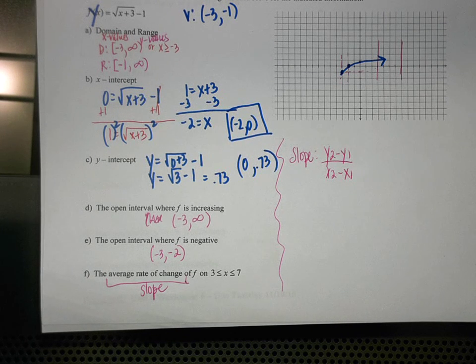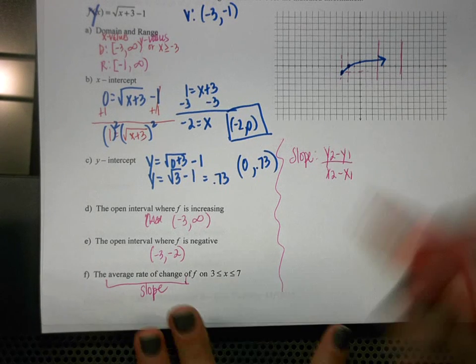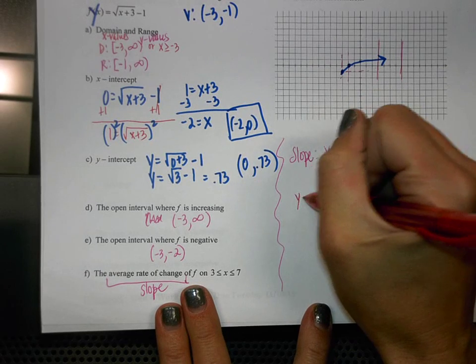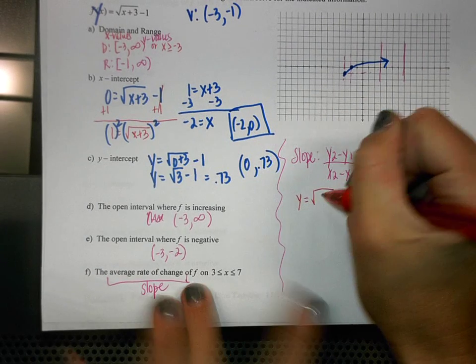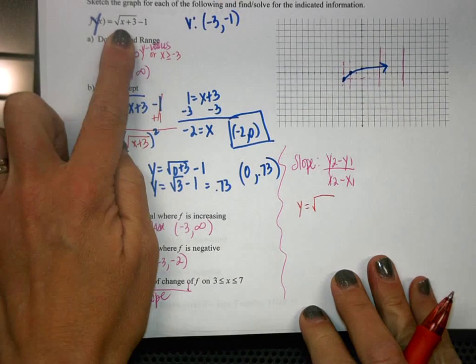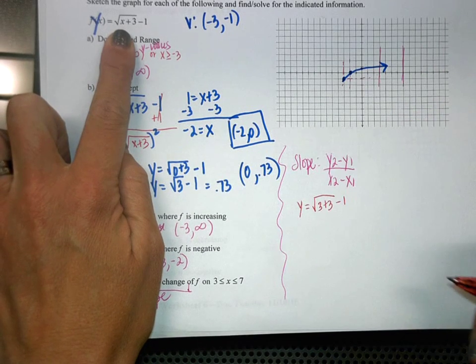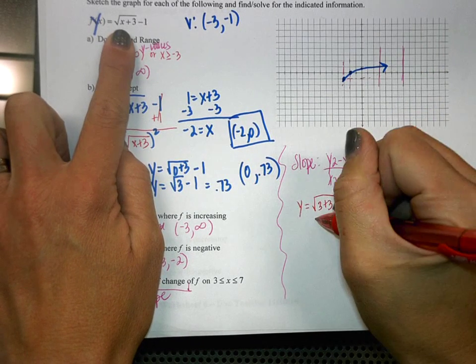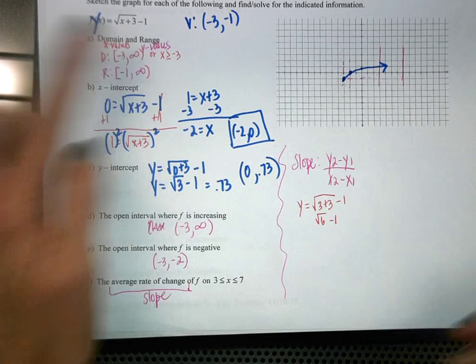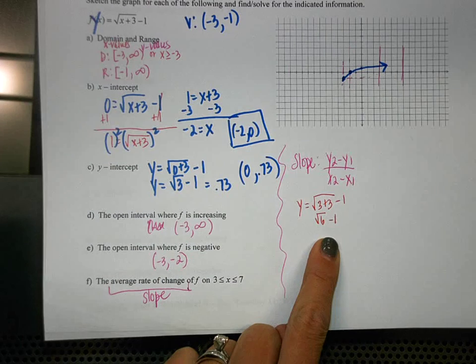So let's start by plugging in 3. All you're going to do is take that and plug it into the equation. So y equals the square root, and instead of writing x, I'm writing 3. So 3 plus 3 minus 1. What's 3 plus 3? 6. Square root of 6 minus 1. While this is the exact answer, we want a decimal to help us out here.